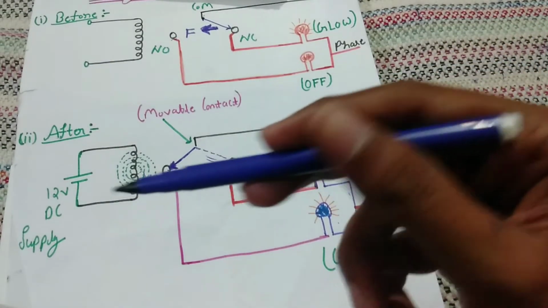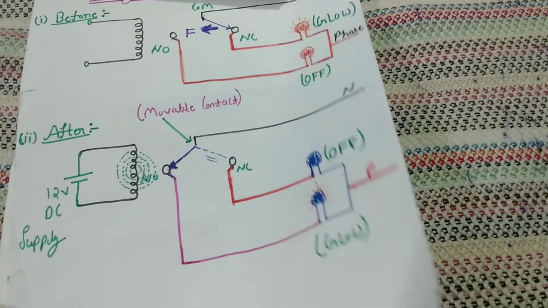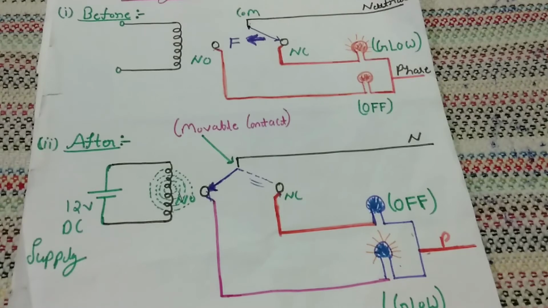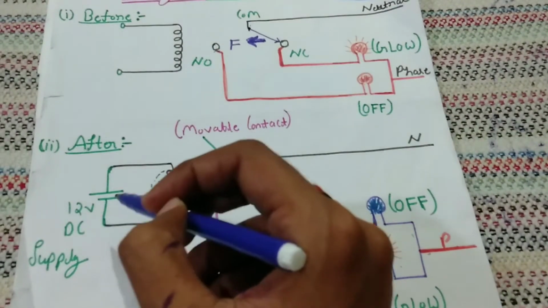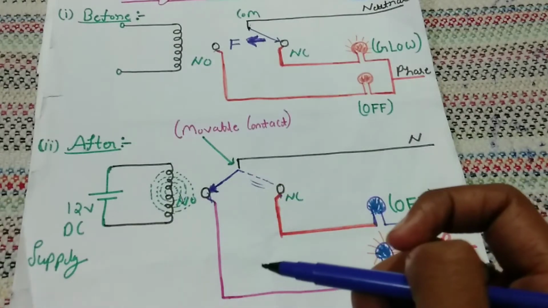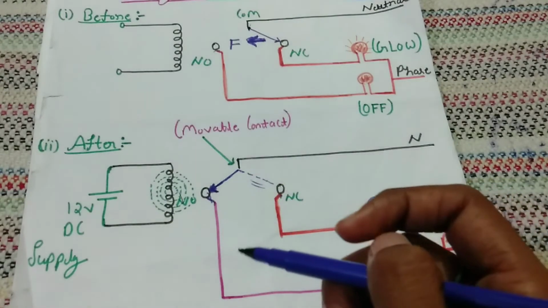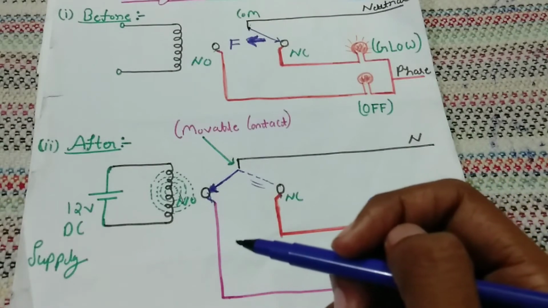With the help of 12 volt DC supply, you can control 220 volt AC supply. The question is raised here: whenever you detach or remove the 12 volt DC supply from here, what will happen in the circuit? So let's try to understand this concept in detail.